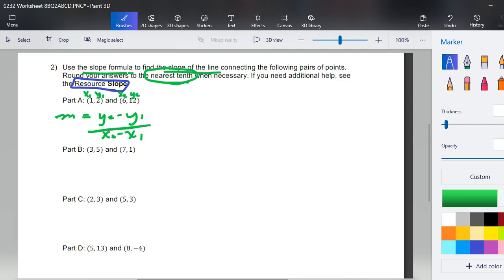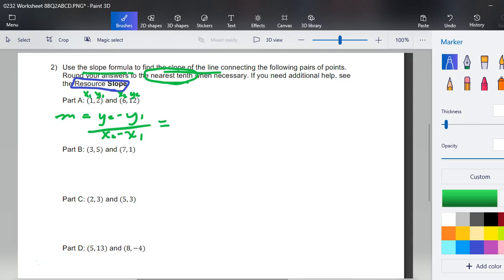It does not matter who you label as the x1, y1 or who you label as the x2, y2. You just can't switch them around and call the first one x1, y2. It has to be 1, 1 or 2, 2, or 2, 2 and 1, 1.